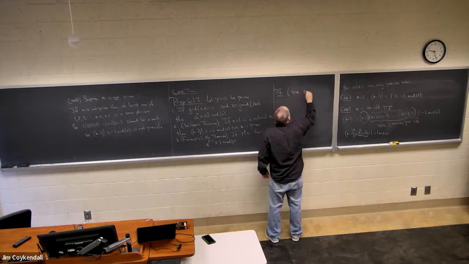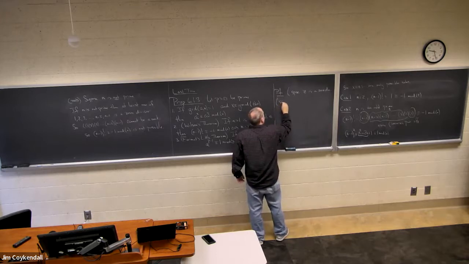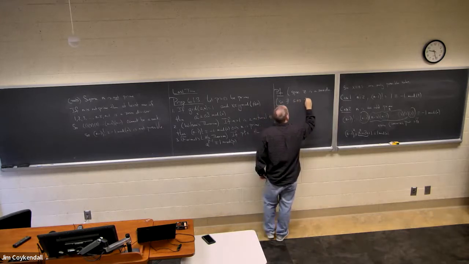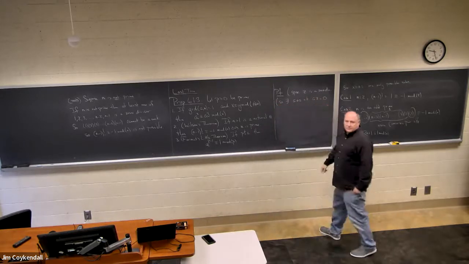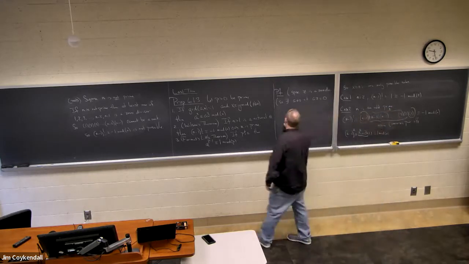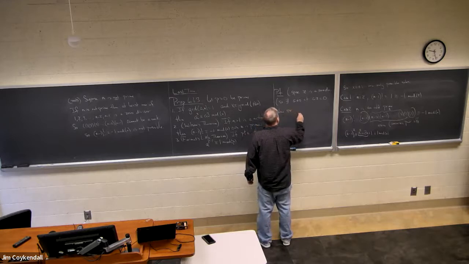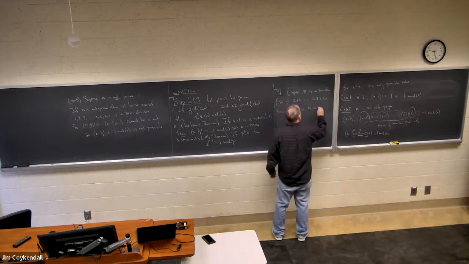Suppose Z is a zero divisor. So there exists A not zero such that AZ equals 0. Now suppose that RZ is a unit.